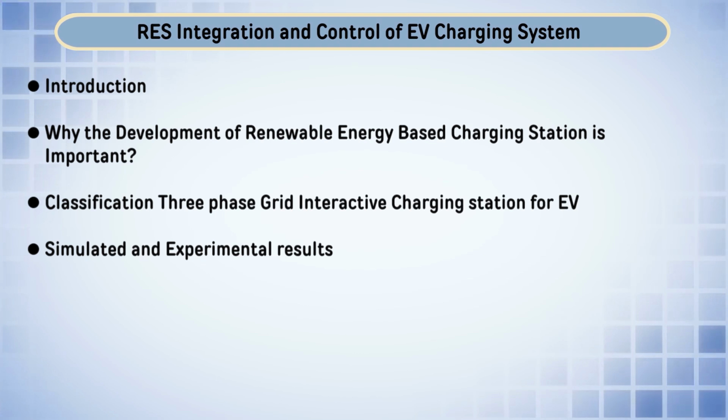We have chosen one topology and we will go through the control, and the results which we have obtained from this particular topology. Finally, we will see the summary of this lecture.